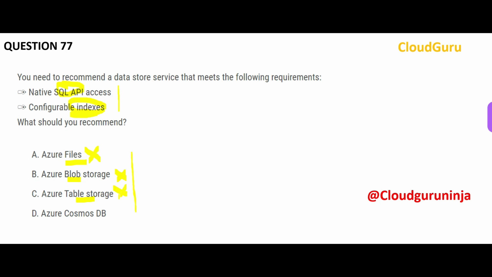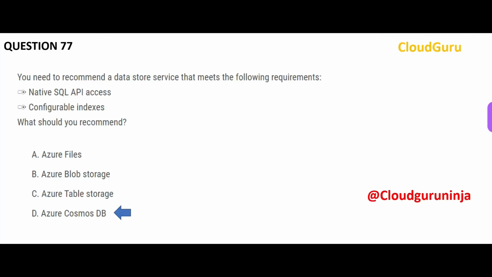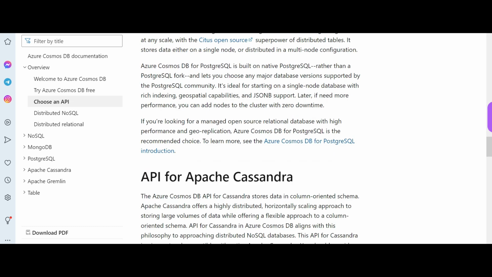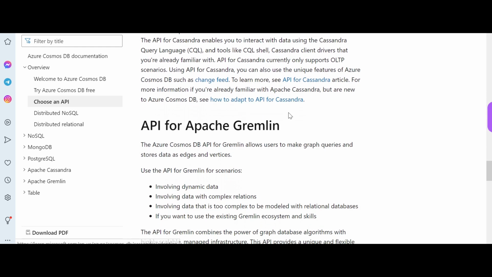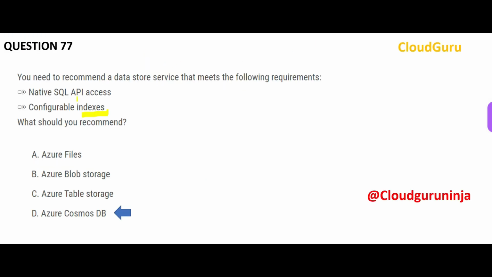In summary, Cosmos DB would work because Cosmos DB automatically indexes every property. So that meets your configurable indexes requirement. There are also APIs for PostgreSQL, Apache Cassandra. There are so many APIs, so the SQL API requirement also is fulfilled.